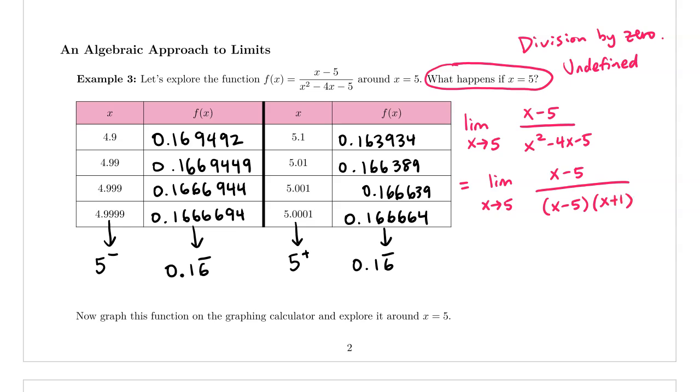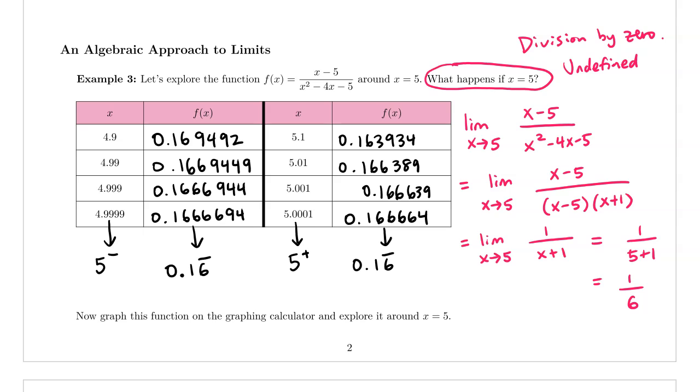And so what happens is this is now equal to the limit as x approaches 5 of 1 over x plus 1. And just like we saw in the first example, I can kind of plug in 5 here, and when I do that, I get 1 over 5 plus 1, which is equal to 1 over 6.